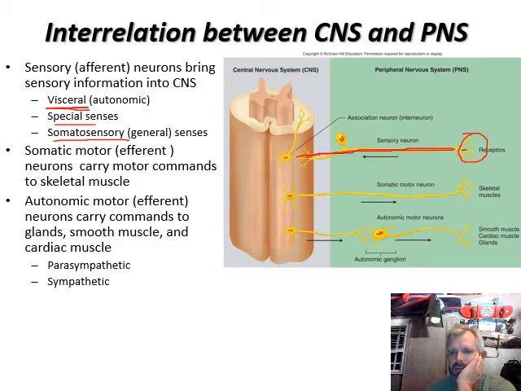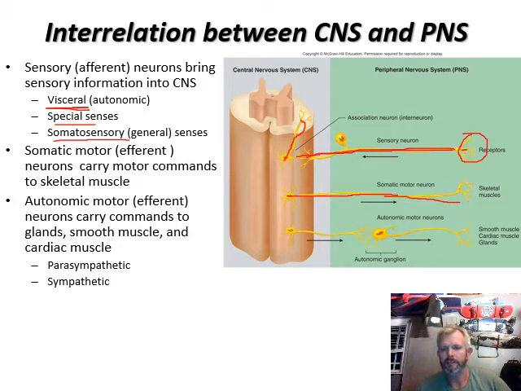We can have interneurons here, because the interneurons are the integrators between the sensory and the efferent pathways. If we need conscious control of skeletal muscle, we go through somatic motor neurons.